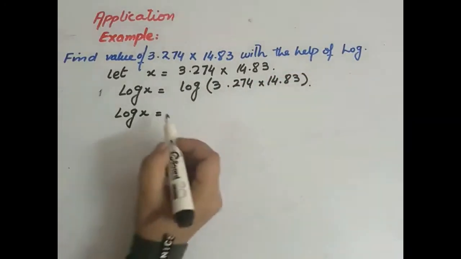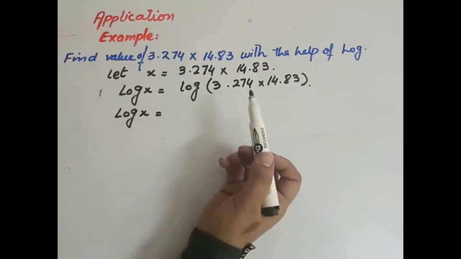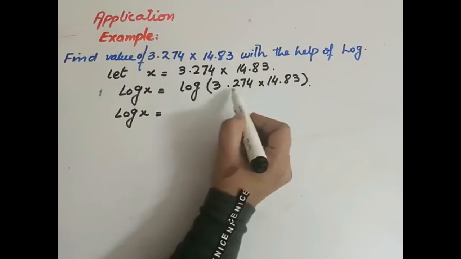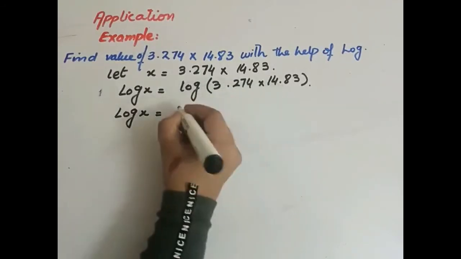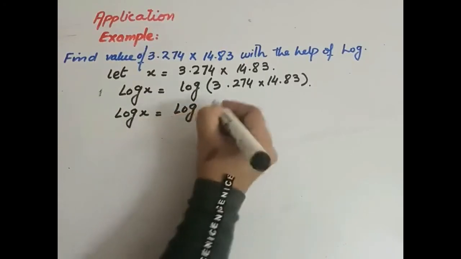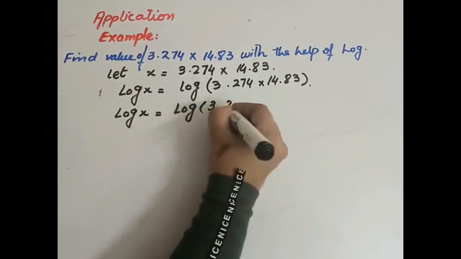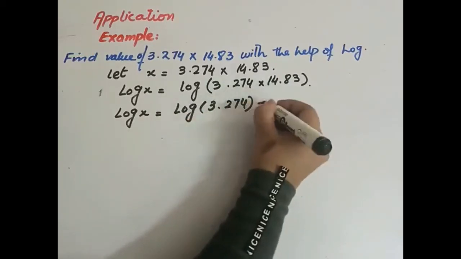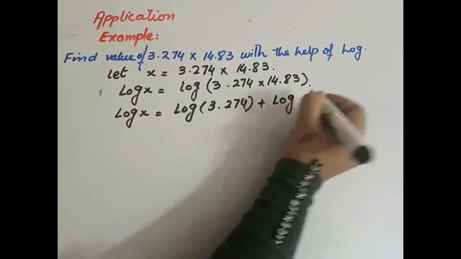The first law states that the log of a multiplication is equal to the sum of the log of the first number and the log of the second number. So when the log is applied, this multiplication is converted into addition.